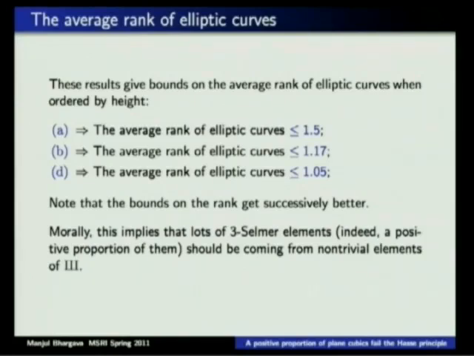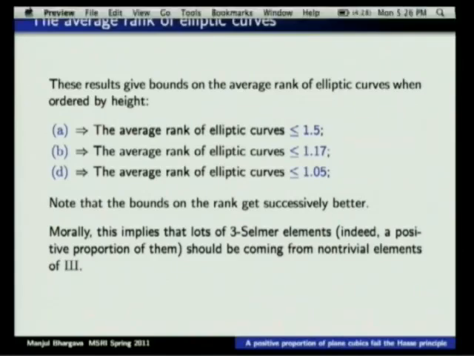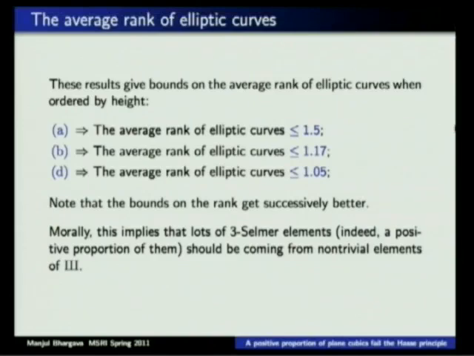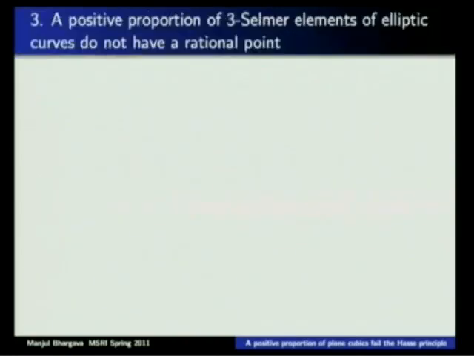Okay, that's what morally this is telling you, and I want to make that precise. But this was where the idea came from: if one Selmer average is giving you better results than another Selmer average, then you're learning something about the distribution of the Selmer elements and whether they can all really be coming from rank. That's what's behind the story.